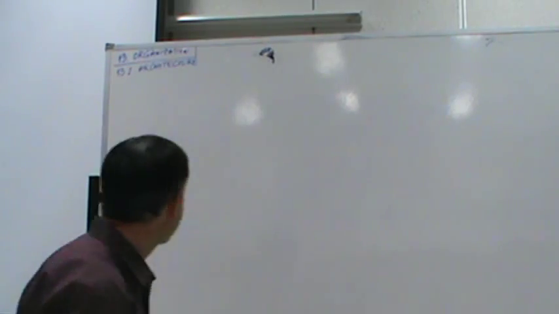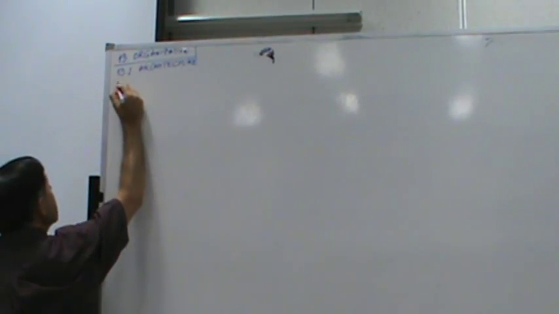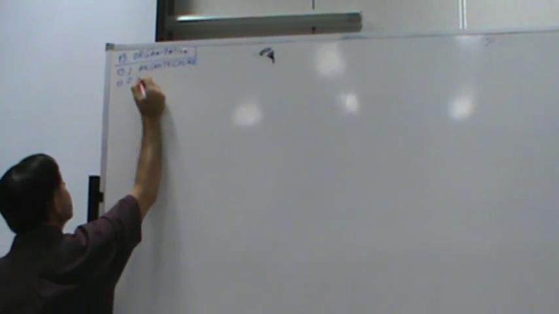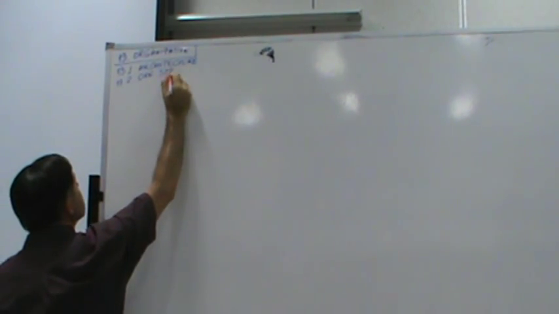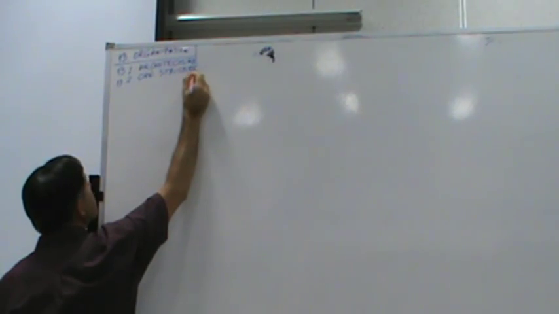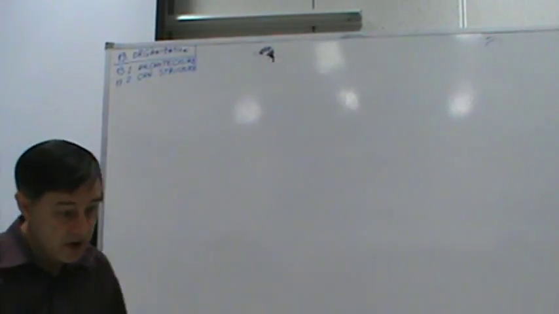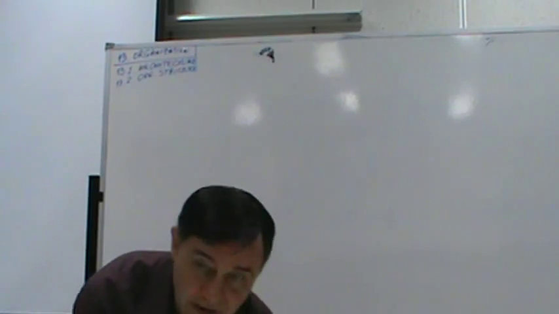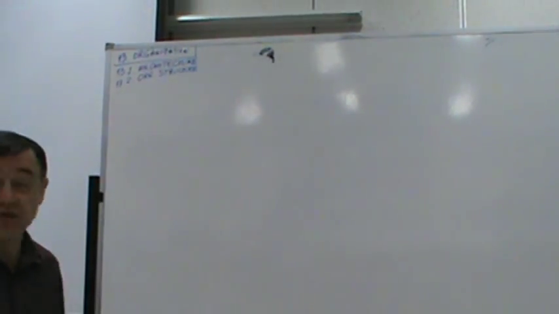After that, we went to 13.2, which is organizational structure. And structure itself had 3 components, right?